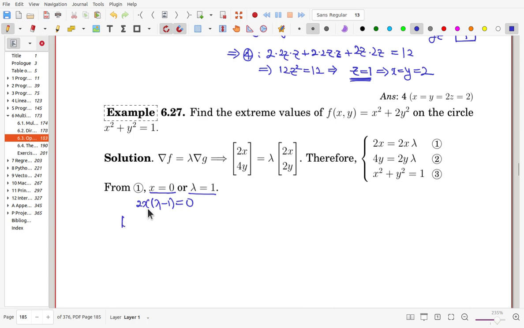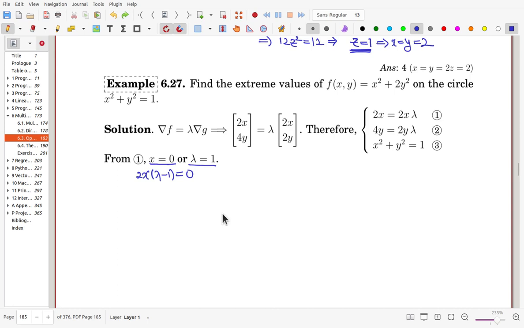If x is 0, then we can use the constraint equation. Then y squared equals 1, which implies y equals plus minus 1. For x equals 0, we have y plus minus 1.